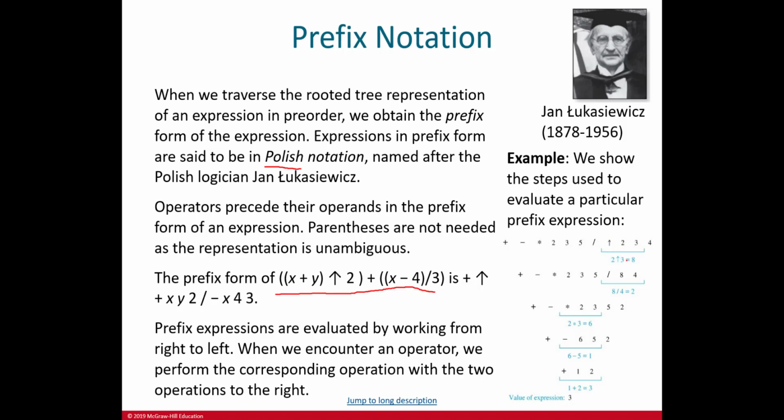So 2 raised to 3, we evaluated 8, and instead of this whole part, now we substituted 8. Now again we start from the rightmost part, and we have now 8 4 and division. So we can say 8 divided by 4, and we get 2 here.